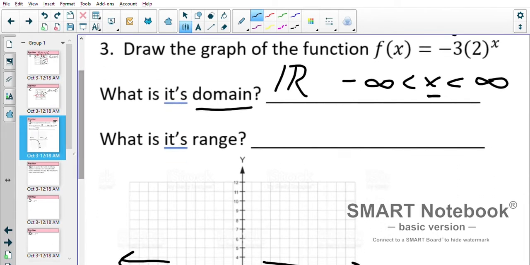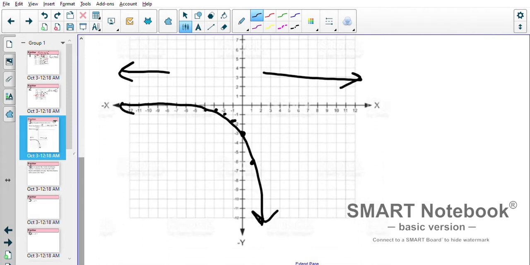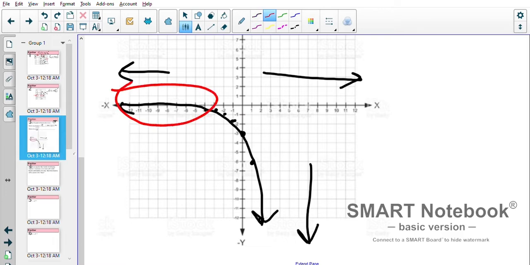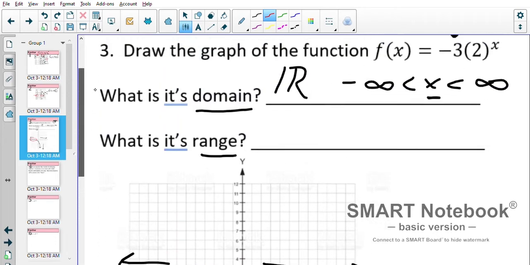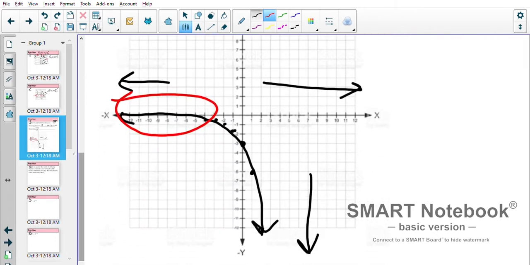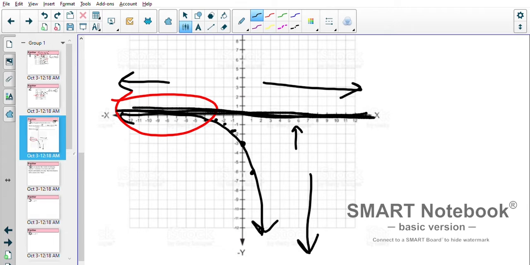Next is range. We want to know what are all the possible values for y. So taking a look, we can see very clearly that we're going down to -infinity, but we do not continue to go up. Over on this end, where we continue to divide by 2, divide by 2, we get closer and closer and closer to 0. So our top end right here never crosses over the x-axis, which is a y value of 0.